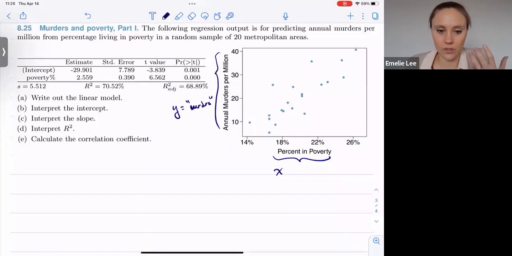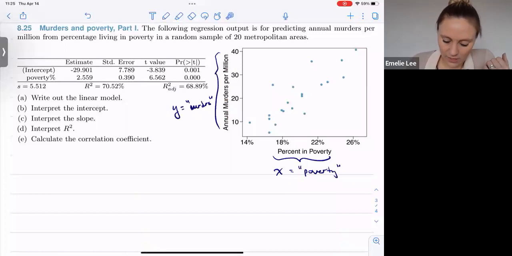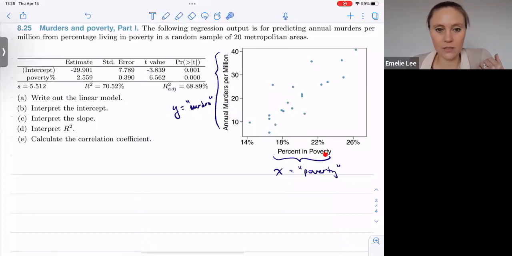When I say murders, I actually mean annual murders per million. And my X, I'm going to call just poverty, but really what I mean is percent in poverty. I'm going to use this shorthand to make it a little bit cleaner.